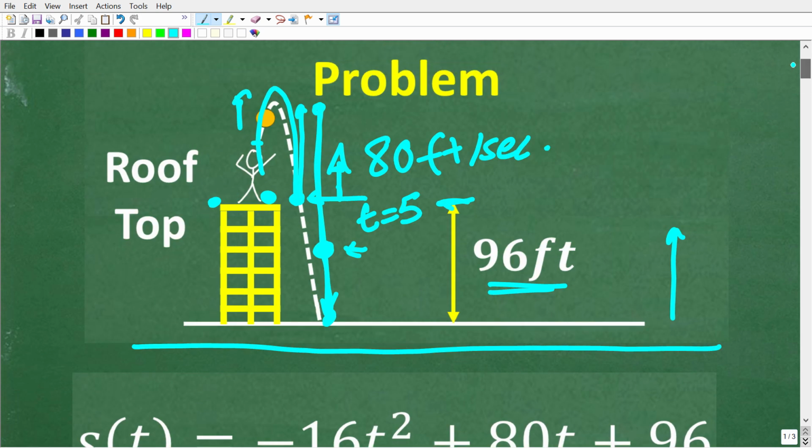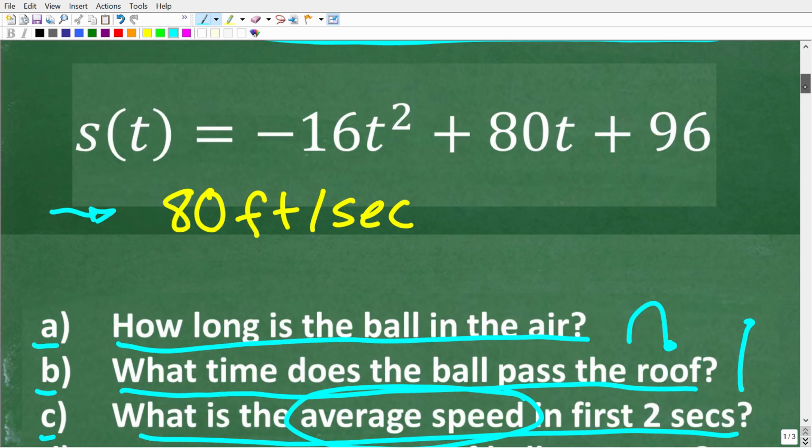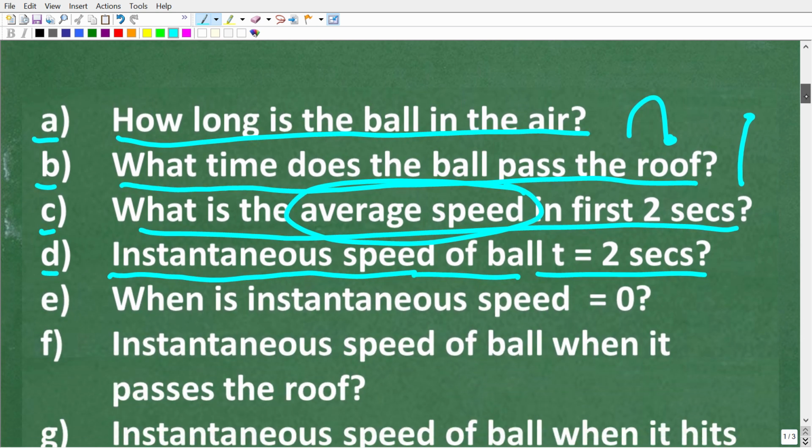Let me show you this real quick. Let's suppose the ball is at this height at time equal to 2 seconds. So 2 seconds into the flight, here is the ball. We want to know the speed of the ball at that precise moment. That's called instantaneous speed.